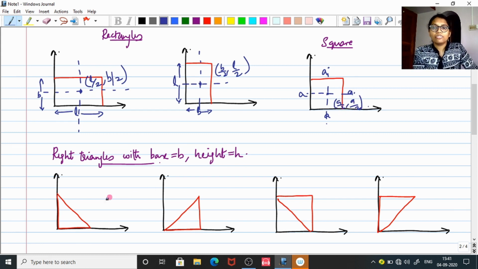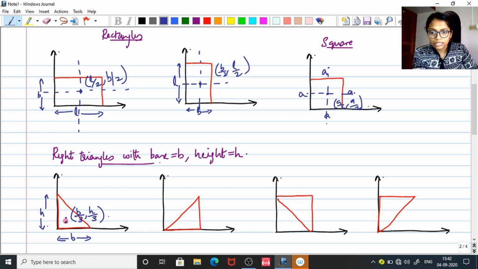So the centroid will be just the middle of the square, which is A by 2 comma A by 2. Now for the right triangle, the case is somewhat different. The base is B and the height of the right triangle is H. This has neither horizontal symmetry nor vertical symmetry. So the centroid has its x coordinate as B by 3 and y coordinate as H by 3.